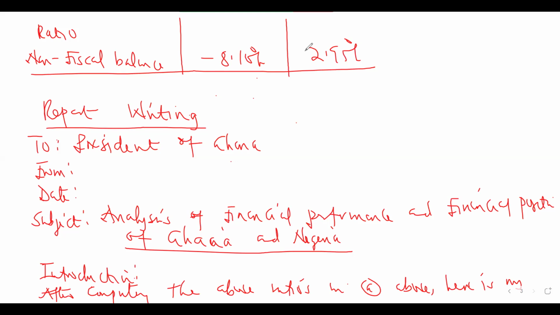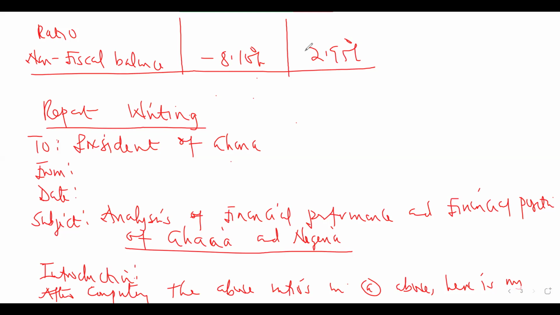There's no problem with that, okay? So just after computing the above ratios in A above, here is my opinion about the performance, or here is my analysis of the performance of the two countries. That is it. Very simple. Then you move on.